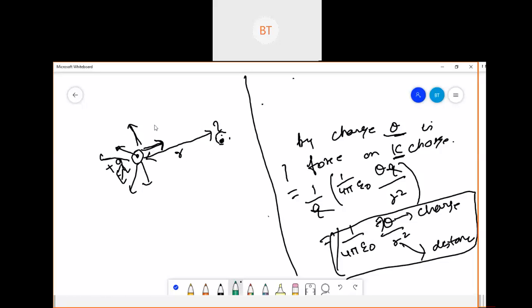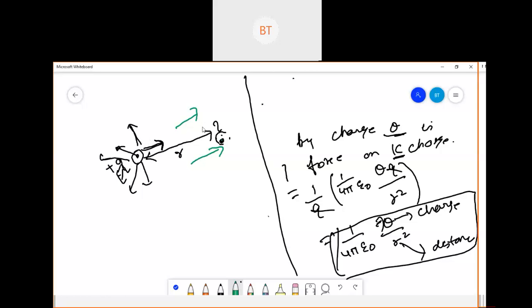Since it is plus Q, the direction is outward. So I will represent this point charge's direction this side, because as I have already told you, plus Q generates the outward direction.